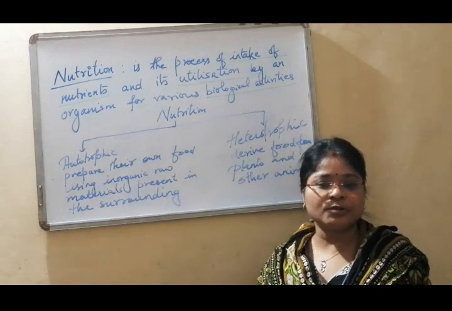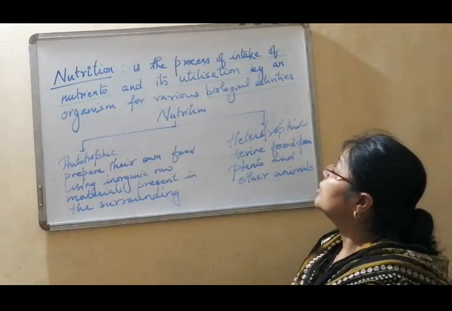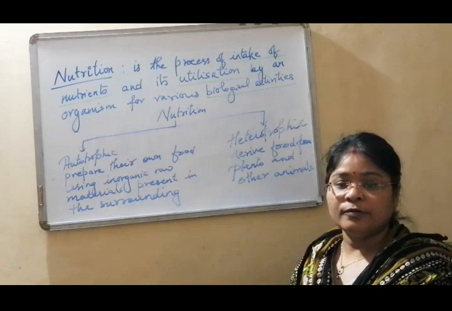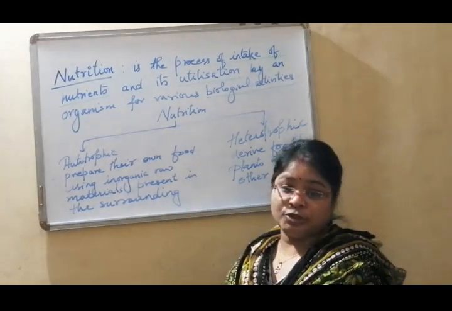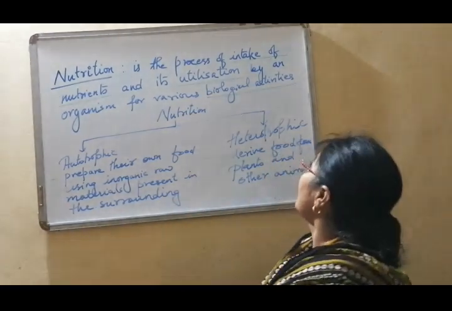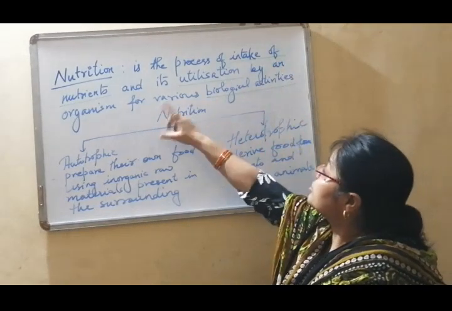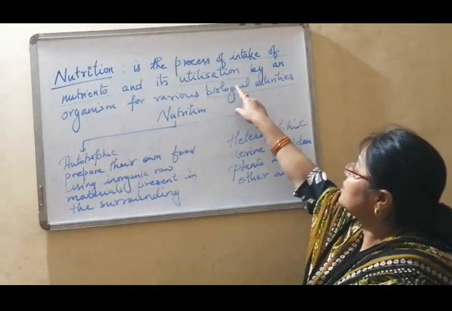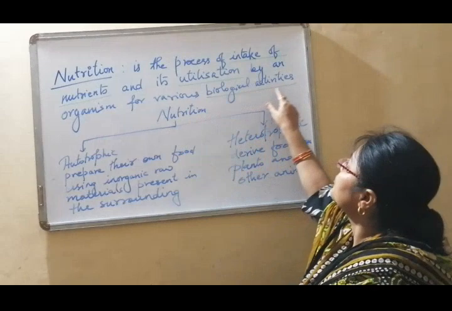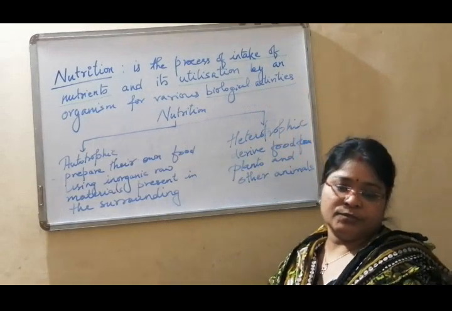So, the first life process that we are going to start today is nutrition. Fine. So, what is nutrition? It is the intake of nutrients and their utilization by an organism for various biological activities.